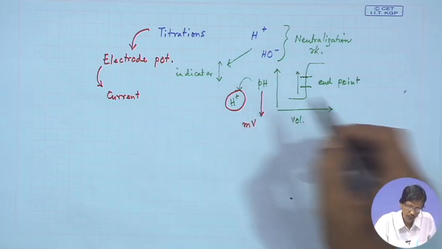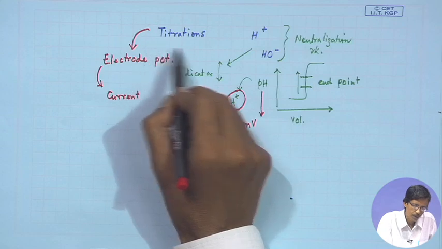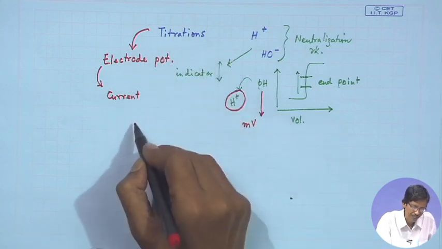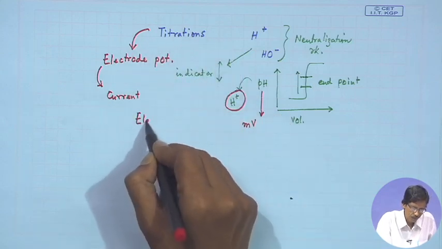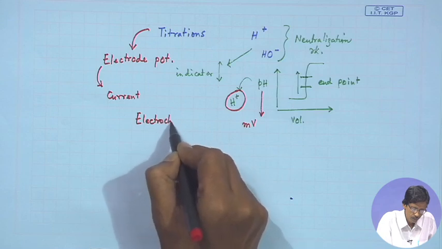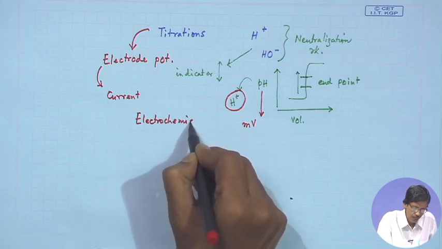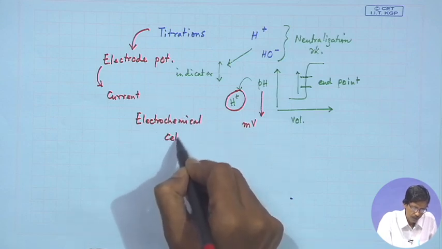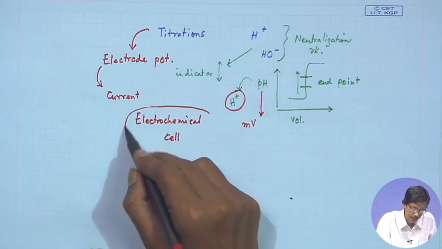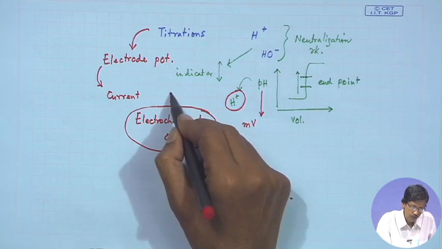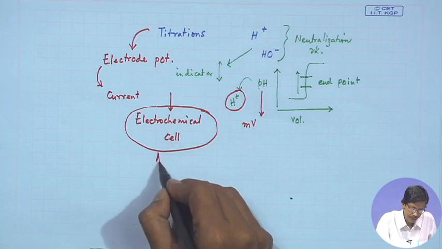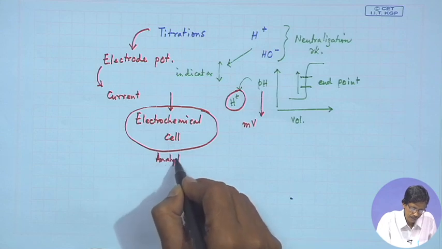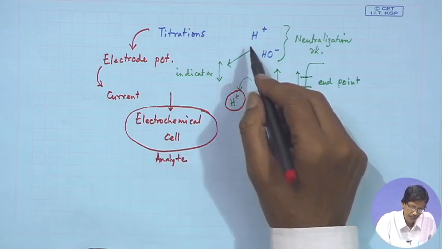So, the voltage we can measure. So, if we have an electrochemical cell, and within that electrochemical cell we take the analyte in it and the same burette basically.